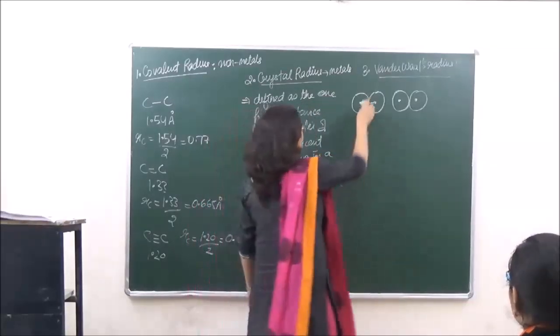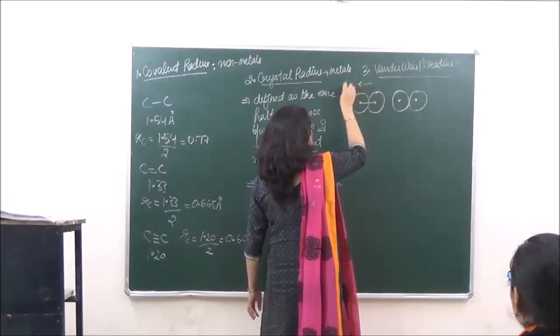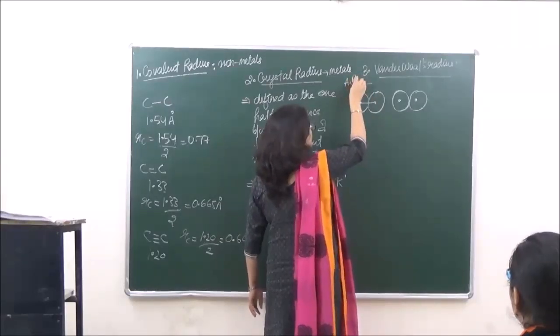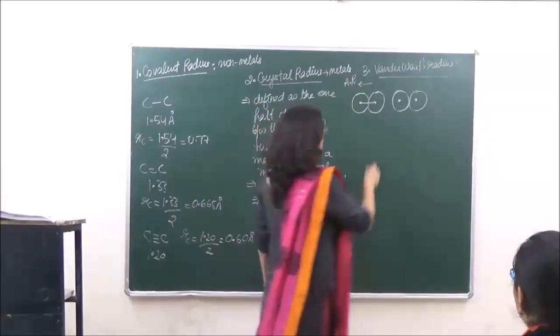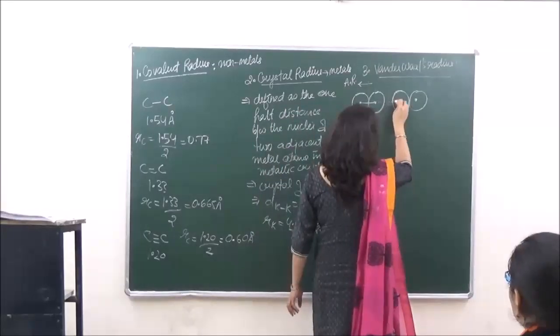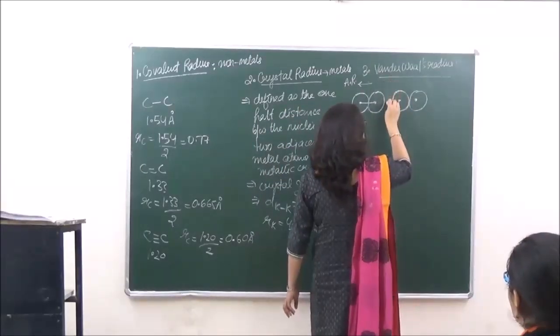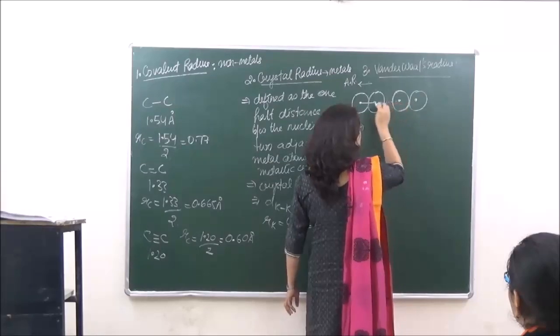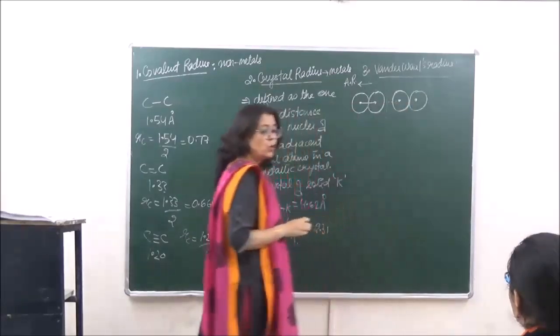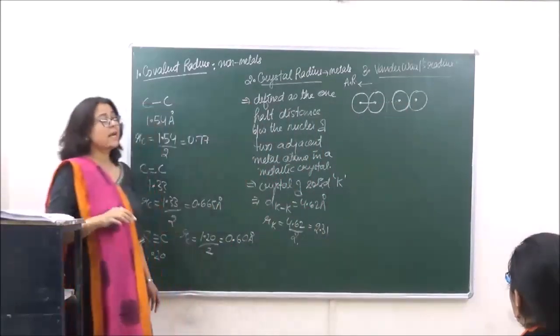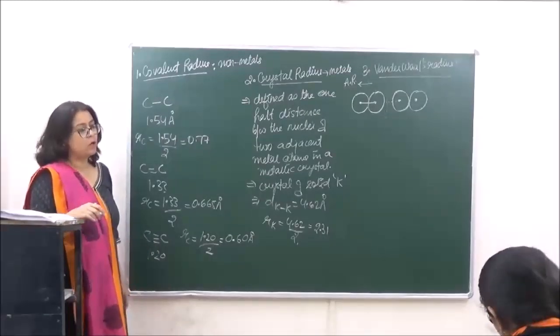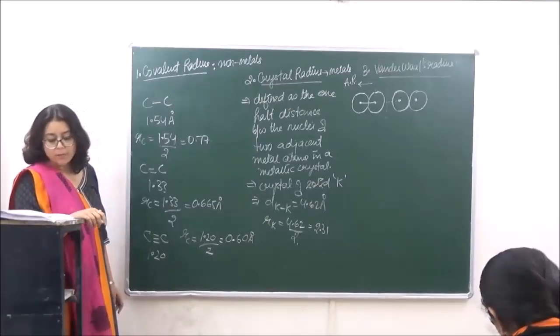ठीक है? So ये वाला जो radius हुआ, that is going to be the atomic radius. Van der Waals radius is the half of the distance between the two adjacent atoms of non-bonded molecules. There is no bonding between these.